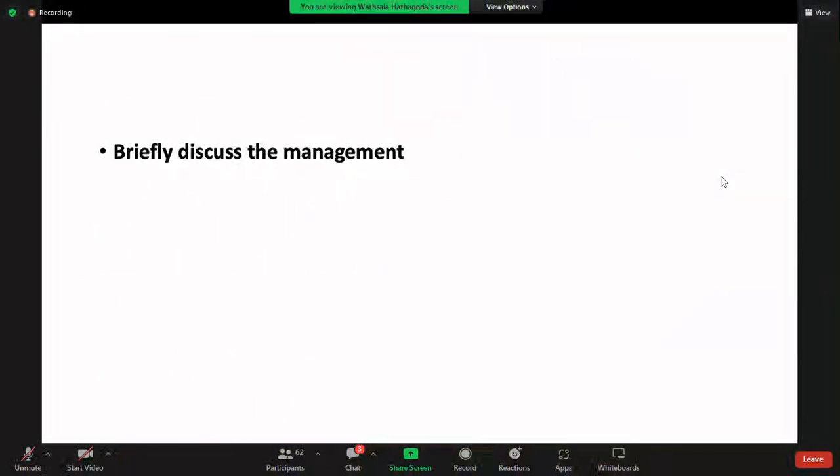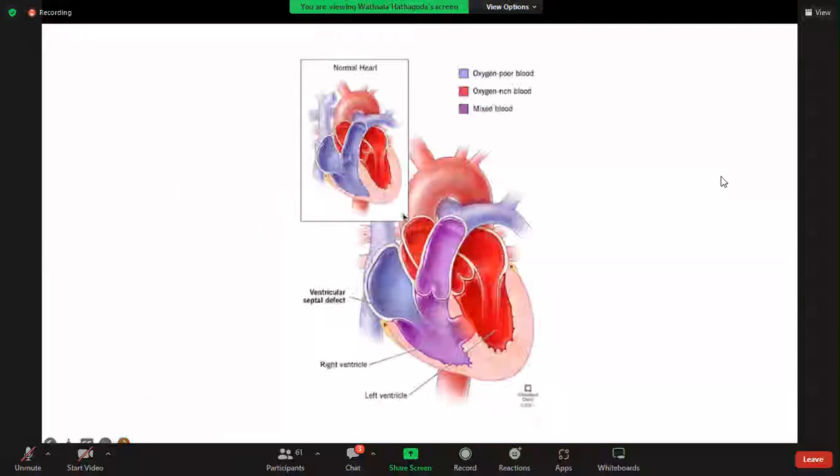Okay, right. So how would you manage? Again, the same principle. We already discussed heart failure management. So what I need to highlight first, as you can see, is that it's a shunt lesion. You have the ventricular septal defect where the shunt is from left to right.